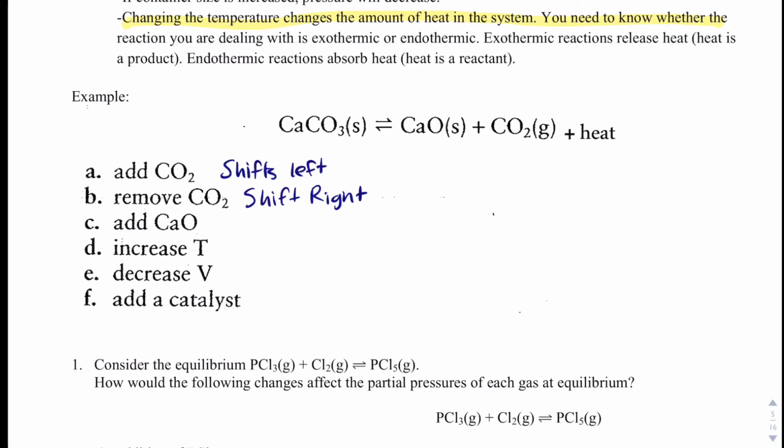If we add some CaO, this would go up, and you might say, oh, well, we have too much of that, we need to shift left. And I think you're thinking about this almost right. But what actually happens is no shift, because solids are not included in our K expression.